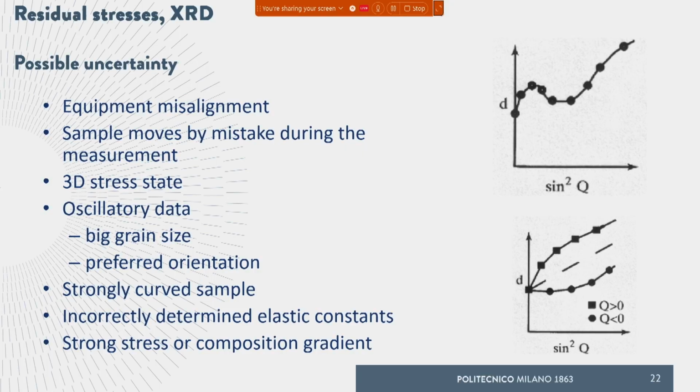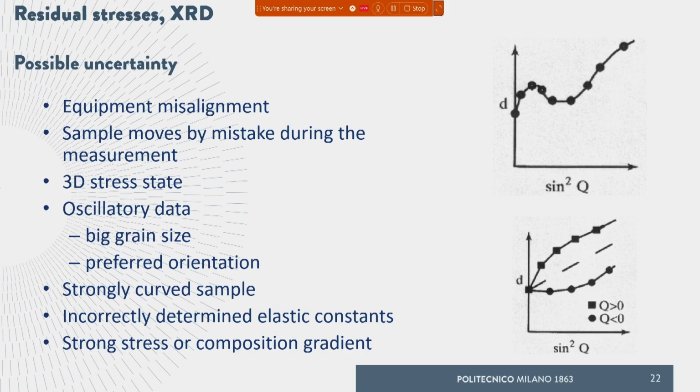In this case, what can we do? In general, we introduce a small rotation of the angle C during the measurement, some decimals of degrees, in such a way that this effect is sometimes reduced. Sometimes it's good, sometimes nothing is changing.